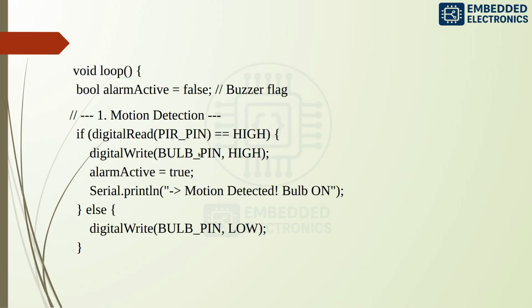Here you can see the bulb pin is high. It waits. Then after that it prints motion detected, bulb on. Then it turns them off if no motion is detected. So here you can see the bulb is off.